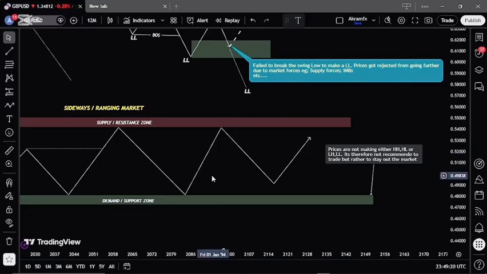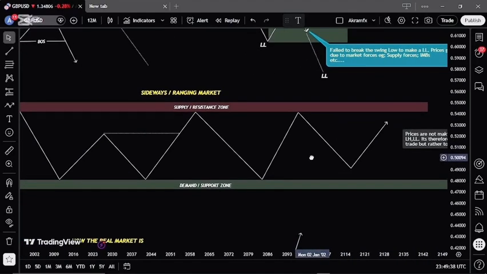Prices are not making either higher highs and higher lows, that's an uptrend, or lower highs and lower lows, that's a downtrend. So it's not recommended to trade, but rather to stay out of the market. Hope you guys understand me.